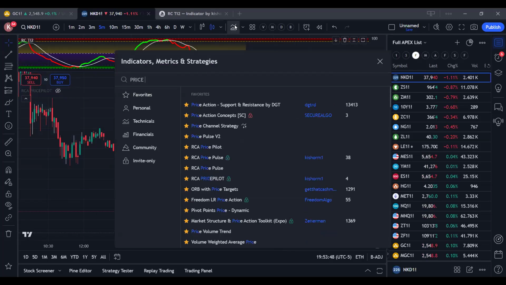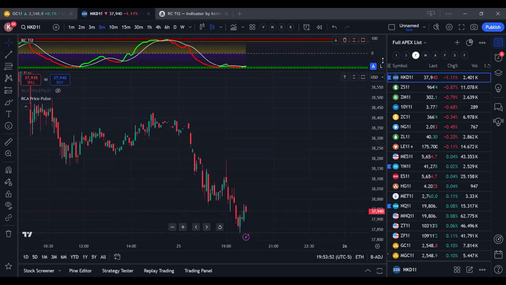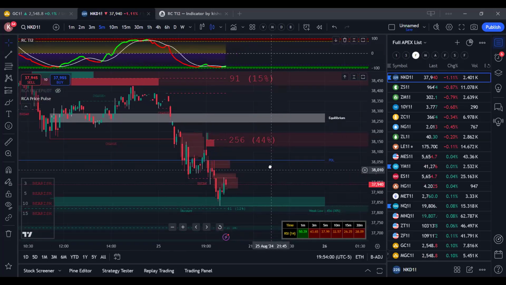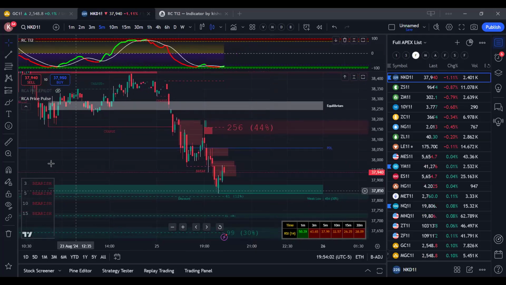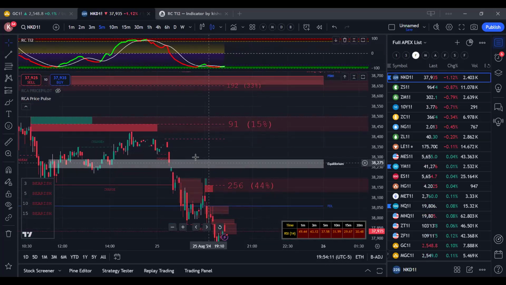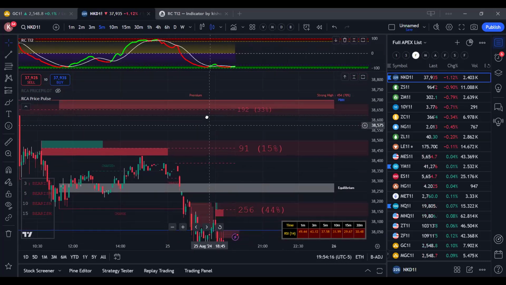if you go to Price Pulse, right, it shows what the overall trend is. It shows the RSI table. It shows the discount area, and the equilibrium area where buyers and sellers are equal. This is where sellers are more, where sellers can dominate.